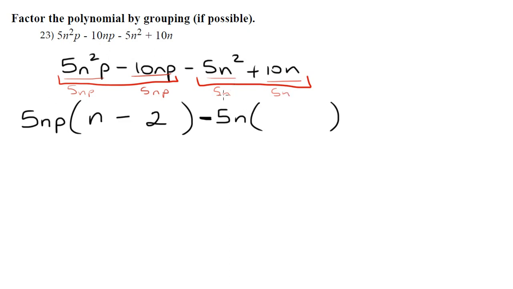Okay, so 5n squared divided by 5n, that's just n. And 10n, oh, wait a minute. I'm dividing by negative 5n. Sorry. 10n divided by negative 5n is negative 2. That's my n minus 2.